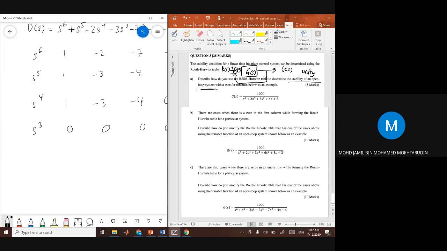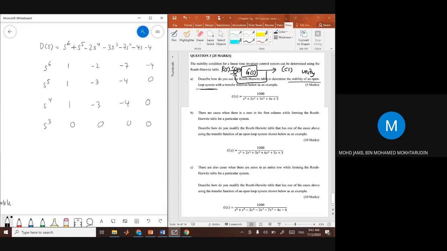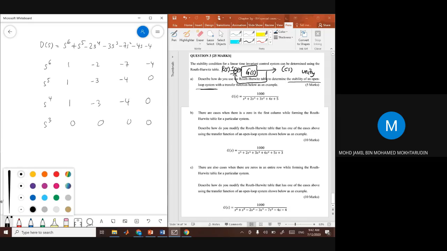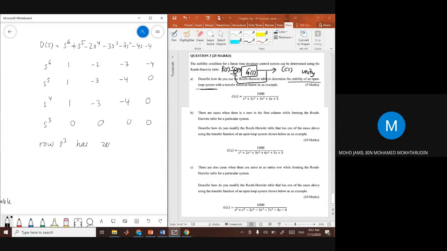Then cerita sikit. Row S3 has 0 entirely, okay.